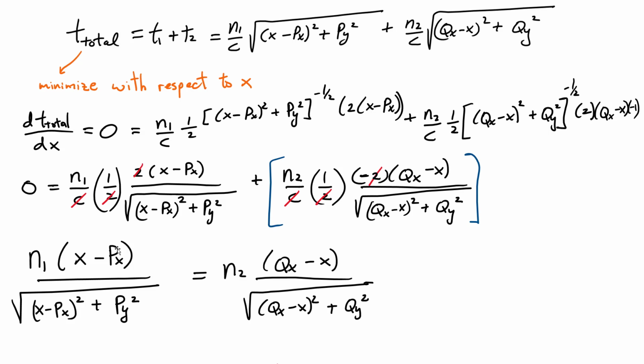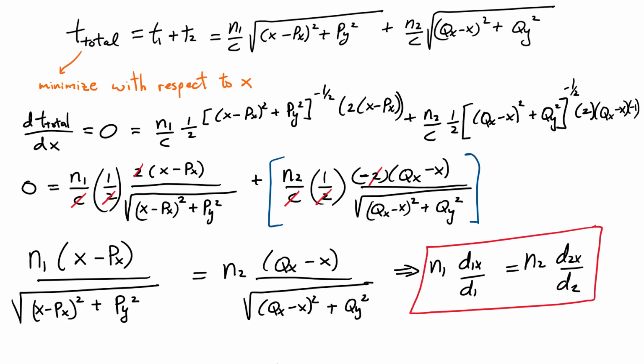simpler looking expression. Now it looks kind of complicated here because it has some differences here of x and px and qx and x and all these things. However, you have to remember how these things were defined from the onset of the problem. If you remember how they were defined from the onset of the problem, this simplifies very, very nicely. Okay, first of all, the x minus px, we had simply defined that as d1x.